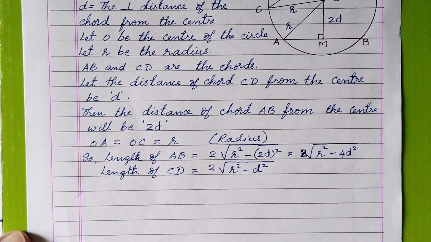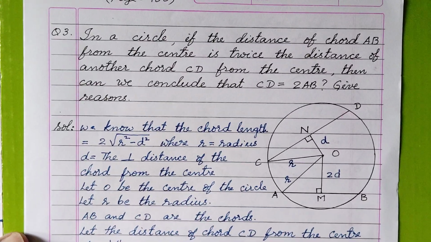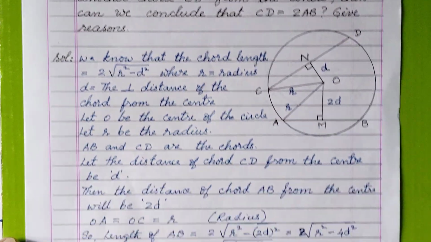Now we have to find out whether we can conclude that CD is equal to twice AB.